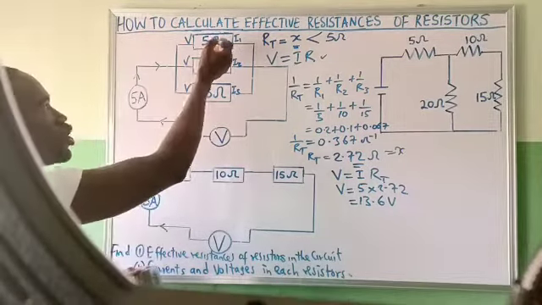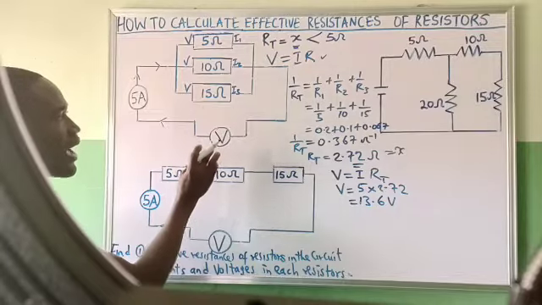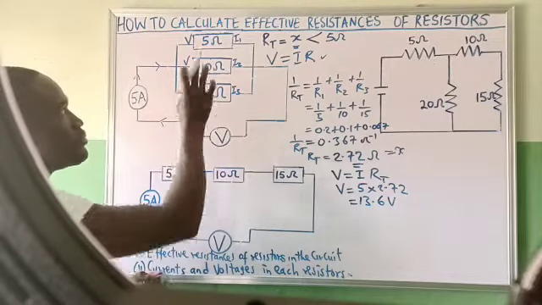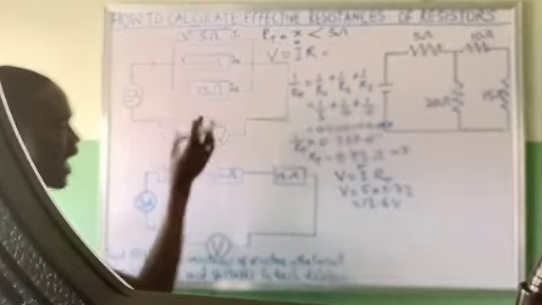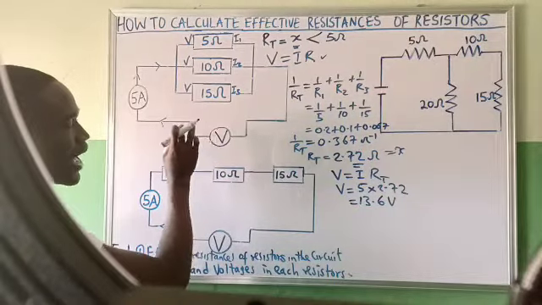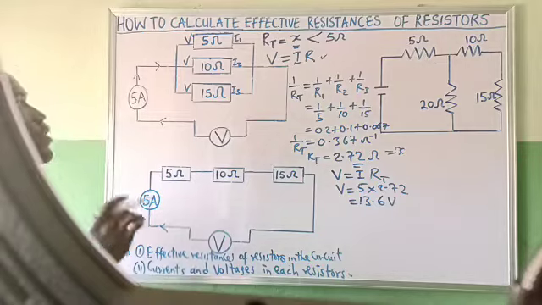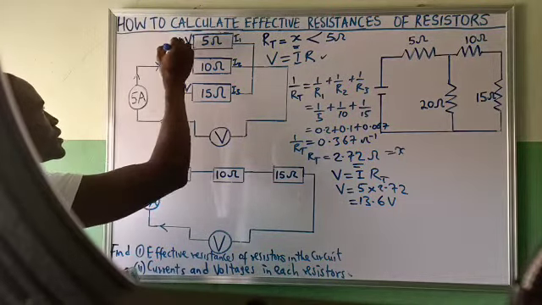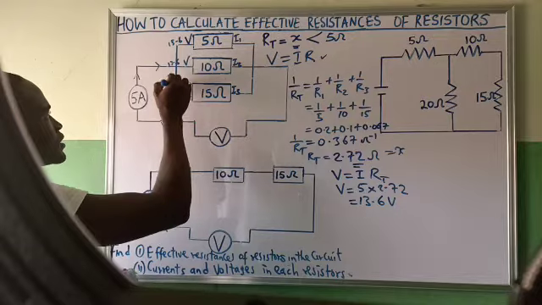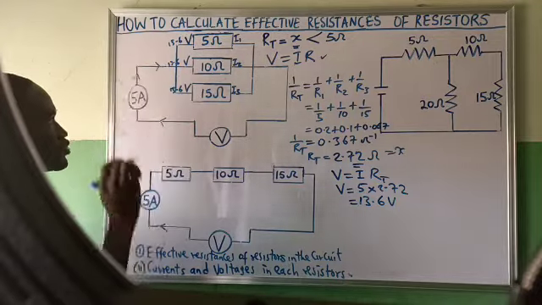So each of these resistors will have the same voltage. Now that makes V 13.6, 13.6, 13.6 volts.